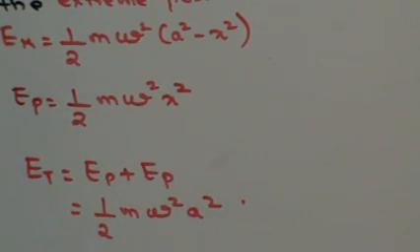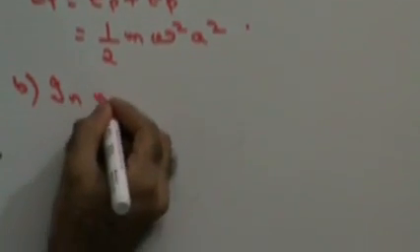This will be the kinetic energy, potential energy and total energy when the particle is anywhere between mean and extreme position. Next, let us assume that the particle is in mean position.